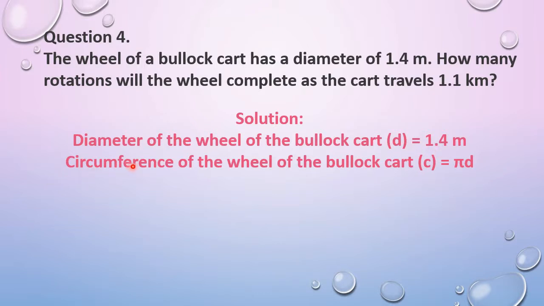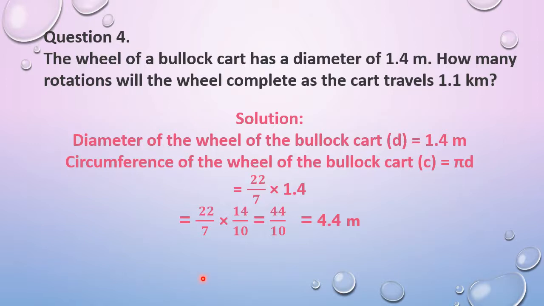So, circumference of the wheel of a bullock cart C is equal to pi into D. So, 22 by 7 multiplied by 1.4, you will get 4.4 meter. So circumference of the wheel is equal to 4.4 meter.